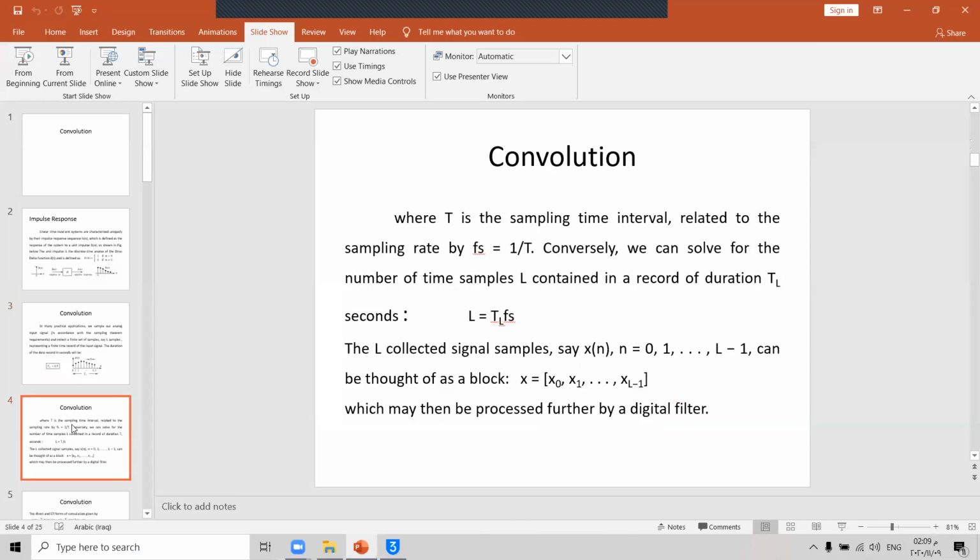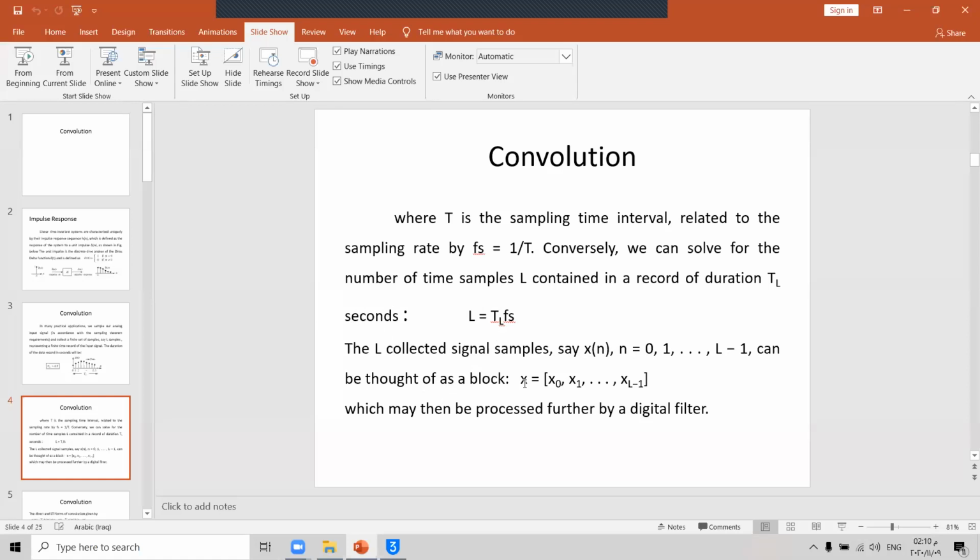Now, T is the sampling time interval related to the sampling rate Fs equals 1 over T. Conversely, we can solve for the number of time samples L contained in a record of duration T_L seconds. So L will be T_L times Fs. In this way, we can determine L. The L collected signal samples, say x of n for n equal to 0, 1, up to L minus 1, can be thought of as a block.